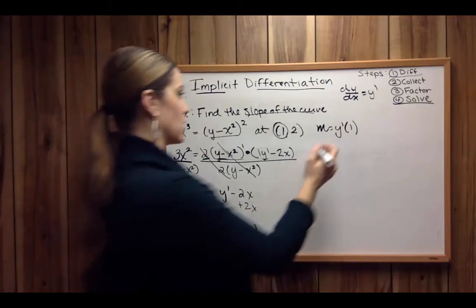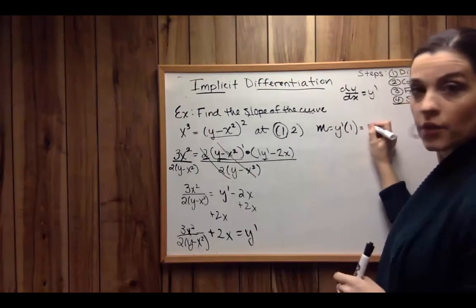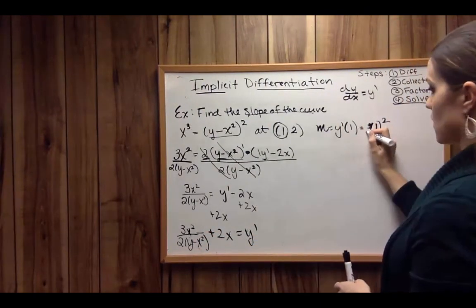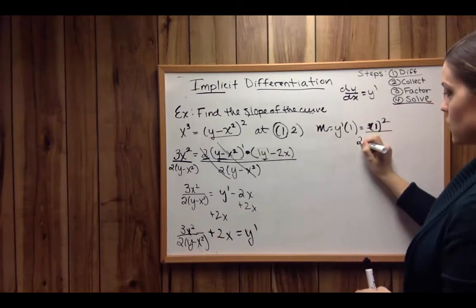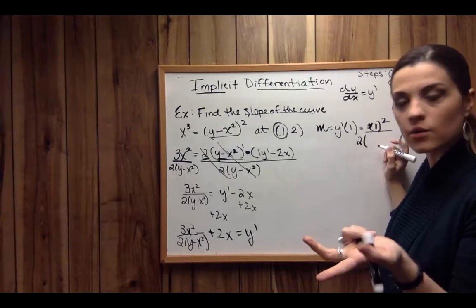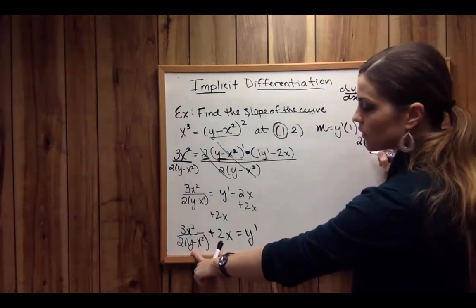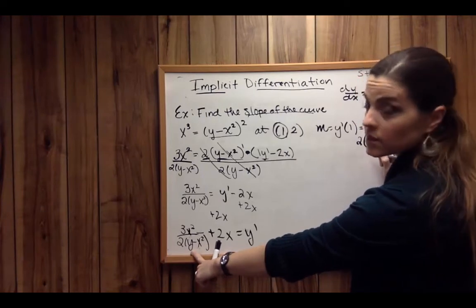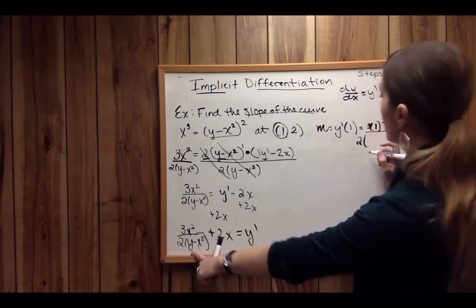We're going to get 3 times 1 squared all over 2 times, and then you say, wait, we actually need the y value, because when you substitute in here, it's not just x, but it's x and y.